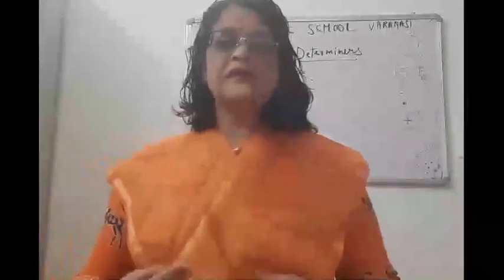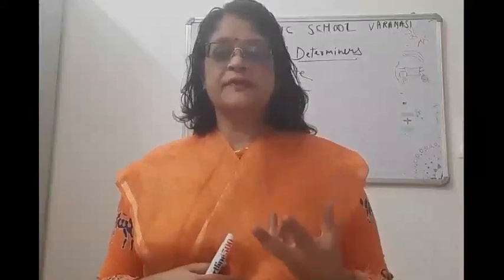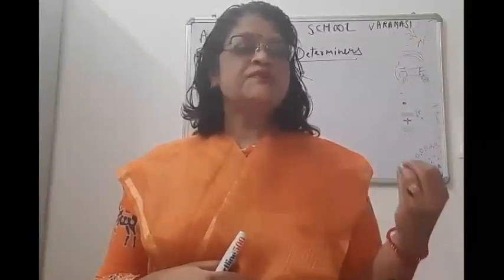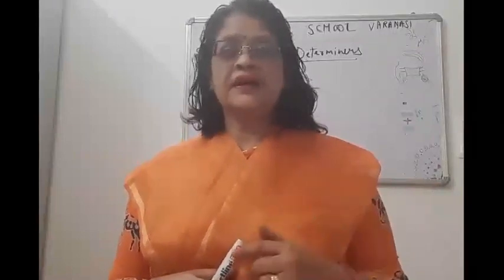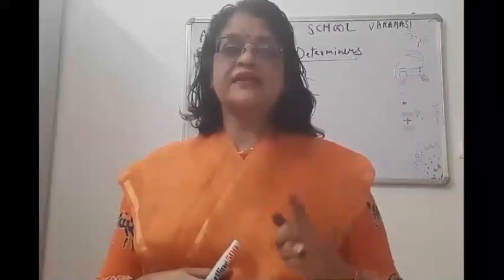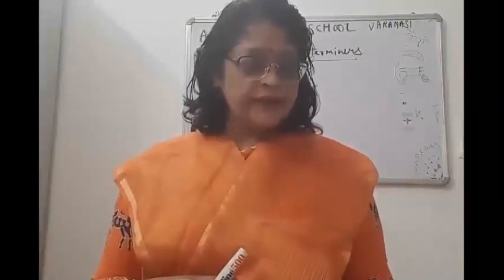So now, children, I will be telling you about the uses of the definite article the. First of all, children, definite means some particular. When we refer to some particular person or thing, we use the definite article the. Okay, so children, let's start.